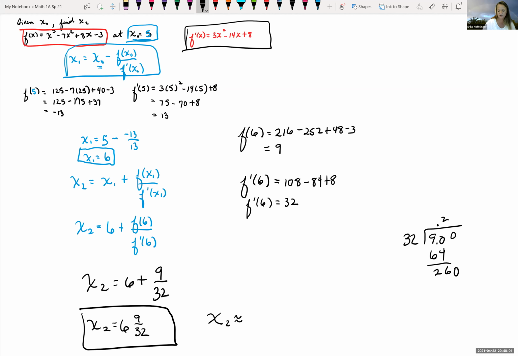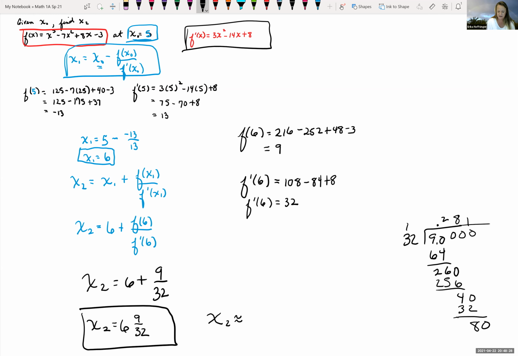Add a 0, so that would go in about, what? Maybe 8 times is too much. No, 8 works. Okay, so we could get an approximation and we could keep on doing this.